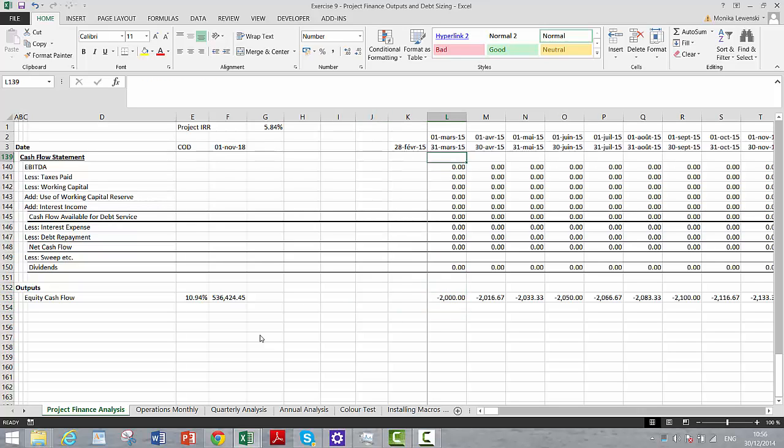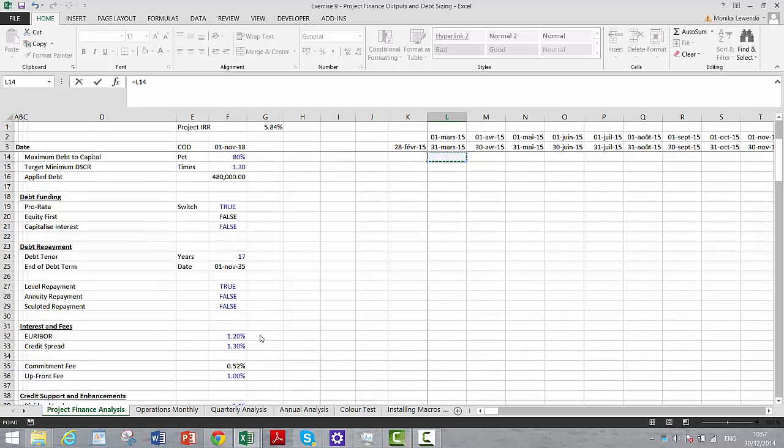They all come from this one little end of the cash flow statement. We computed equity cash flow. I'm just going to restate the project free cash flow, and that is a number we already computed.